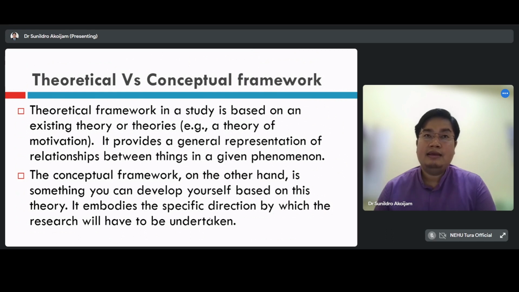In today's time, when you see many of the papers published in reputed journals, you will find that they have included a research model or proposed research model.